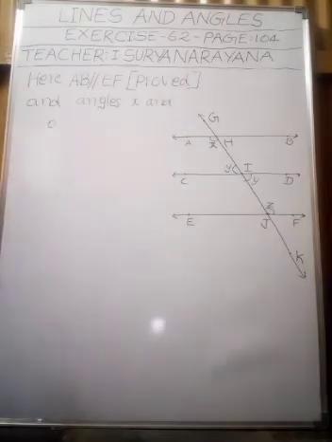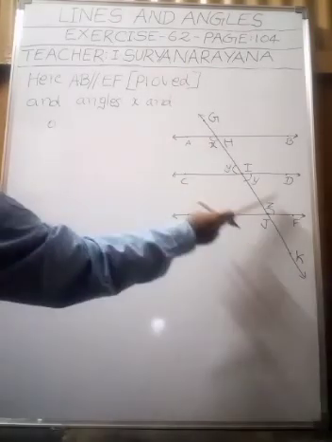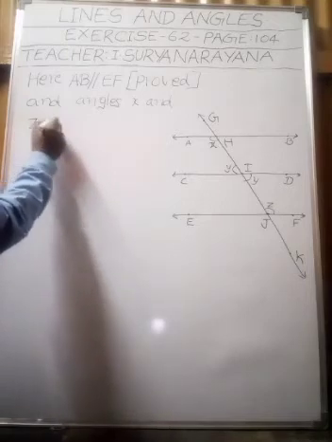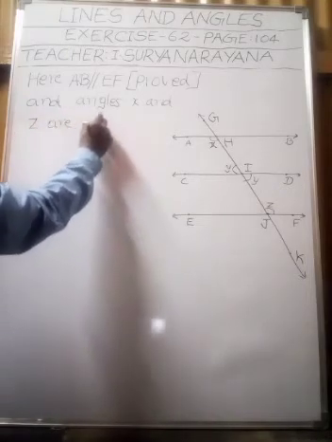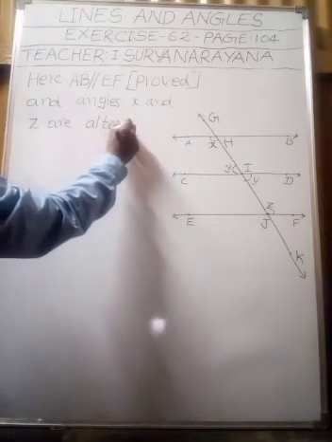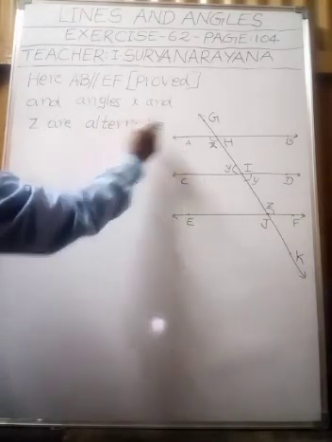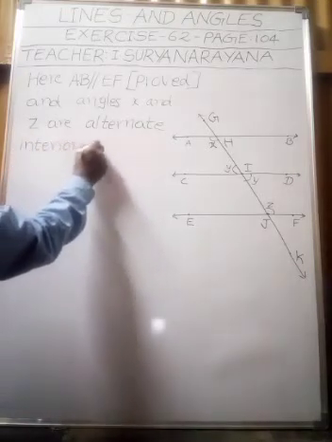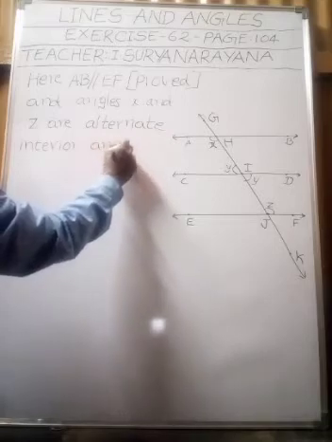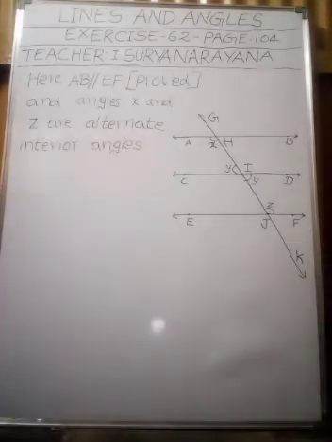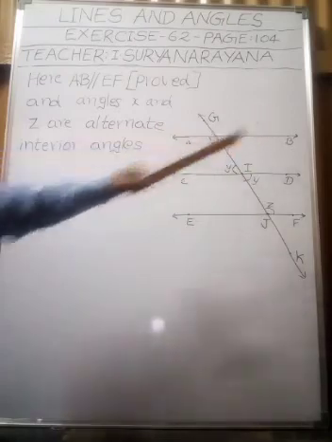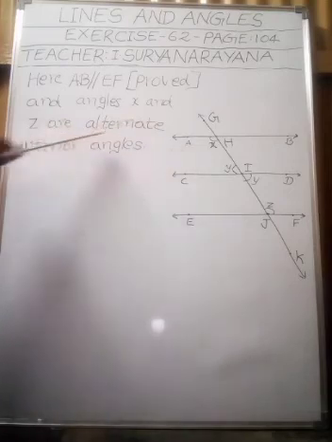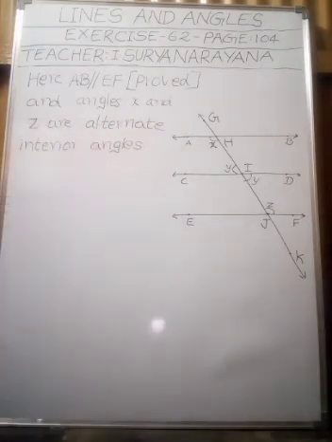Angles X and Z are alternate interior angles. Here AB line is parallel to EF and angles X and Z are alternate interior angles.